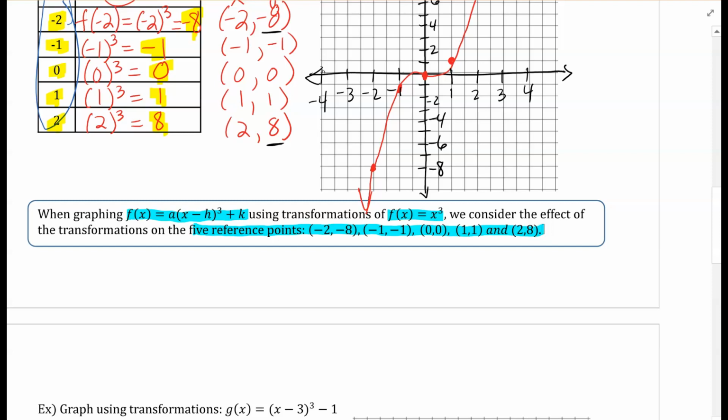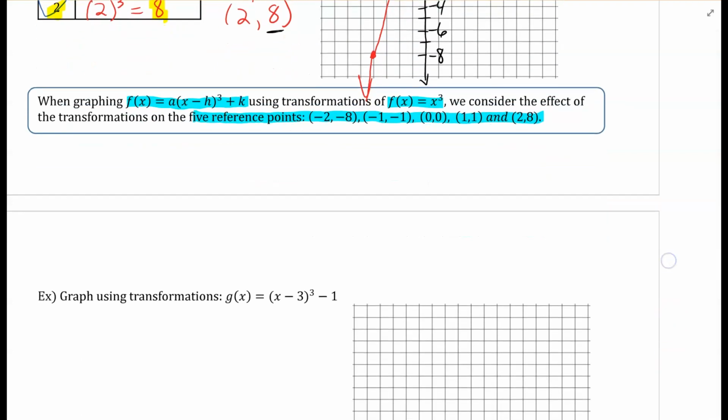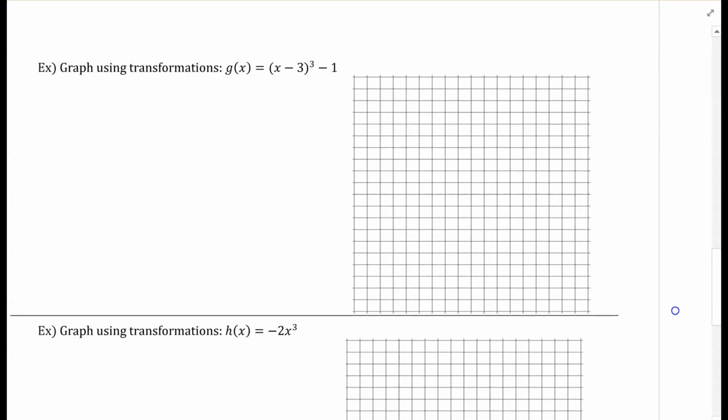So everything that we do with cubic functions, we're going to transform using those 5 key points, okay? And then we have to know what your a, h, and k are, and hopefully you practiced that in yesterday's lesson or the previous lesson.